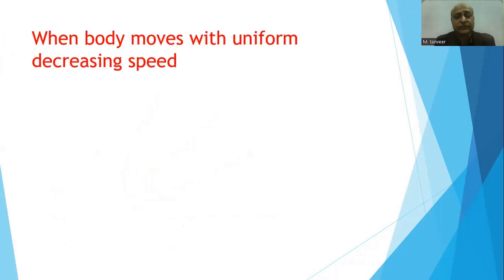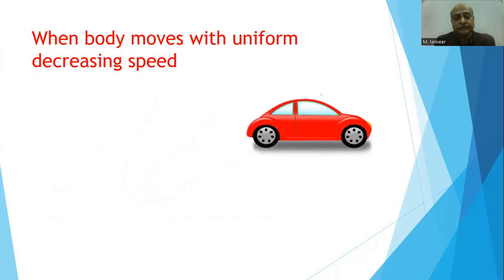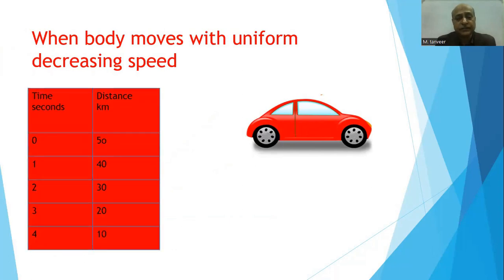When a body is moving with uniform decreasing speed, if speed is decreasing, the car is slowing down its speed. Suppose time is 0, distance 50 meter.